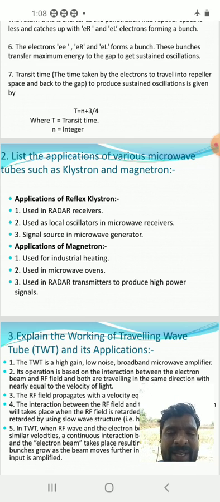Cross field means that the electric field and magnetic field are perpendicular. In this way they produce heat. So the heat is mainly used in the magnetron for industrial heating purposes or microwave ovens in bakeries and other companies, and the magnetron is used in radar transmitters to produce high power signals.